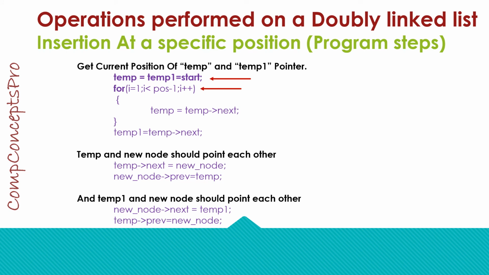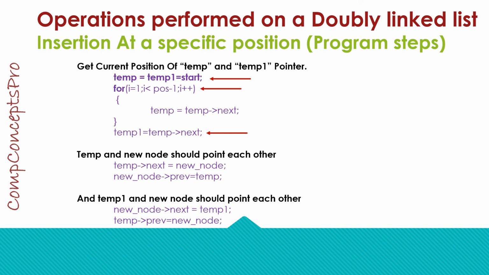Inside this for loop, we'll keep shifting temp to the next node during each iteration, and this loop will stop when temp reaches one position before the position where we have to insert the new node. After the completion of this loop, we'll set temp1 as the next node of temp. So now our new node will be inserted between temp and temp1.